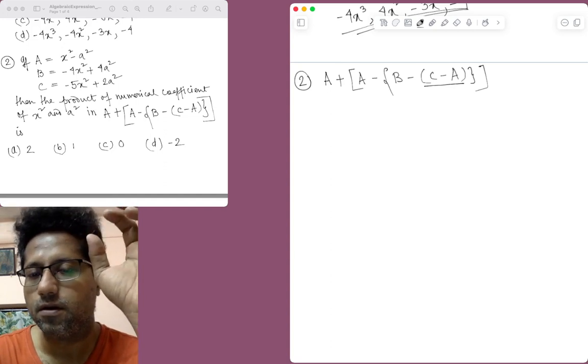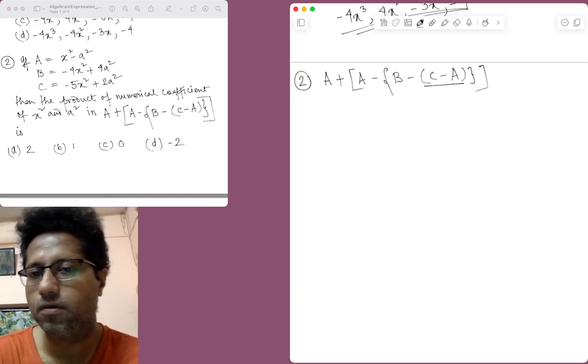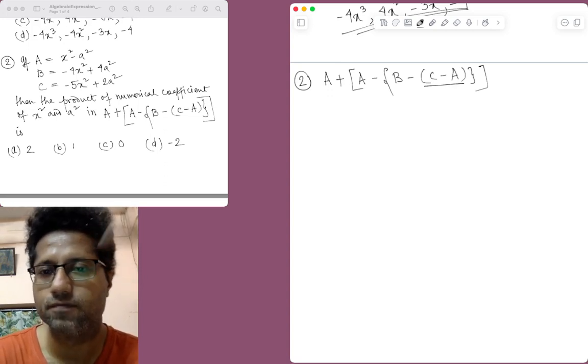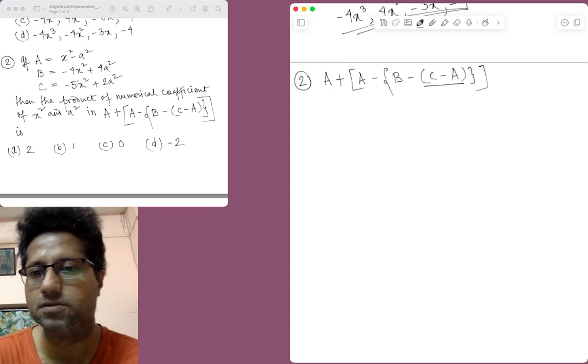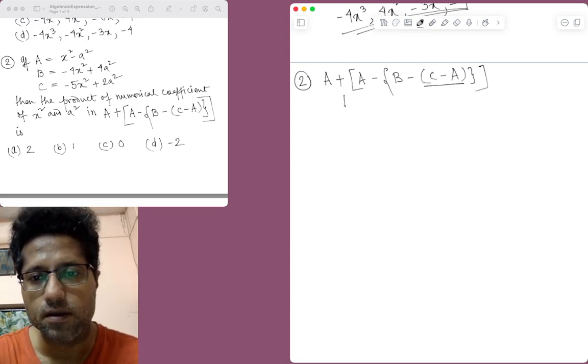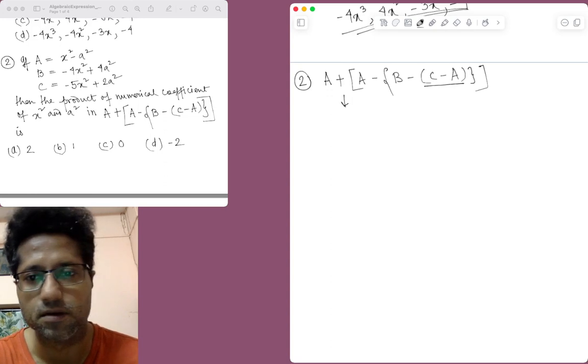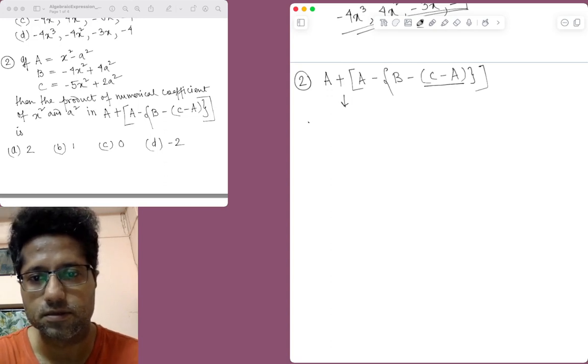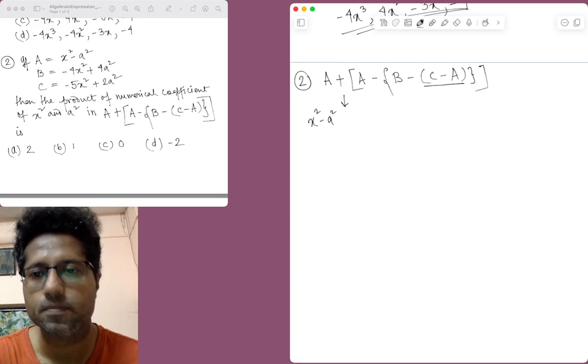Then we will remove the next outer grouping symbol, that is the curly brace. So this way we will proceed until all the grouping symbols have been removed. If I replace this expression by the algebraic expression, this becomes x square minus a square.